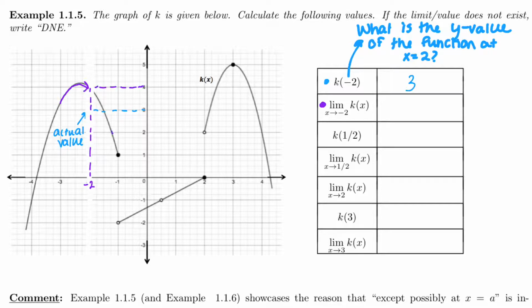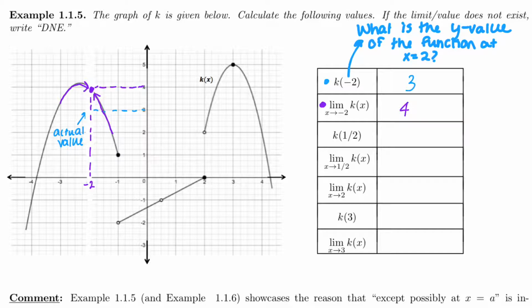And same thing if we approach this way. Either way, it looks like the point should be right here. Right? It looks like the point should be there. So the y value that it looks like it's approaching is 4.